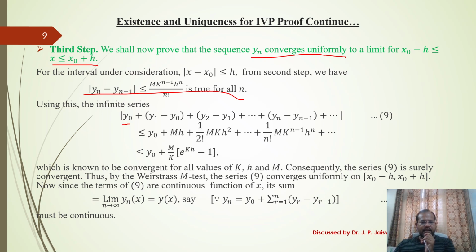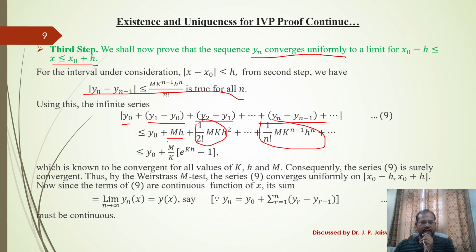Now I am trying to take the summation of the differences of two successive terms. So y naught is as it is, |y1 minus y naught| is less than or equal to M h as given in this. Similarly, for y2 minus y1, you put n is equal to 2 here. Similarly, this one.